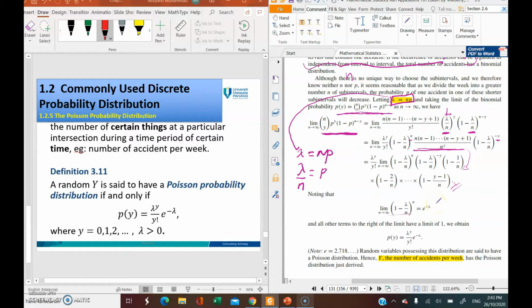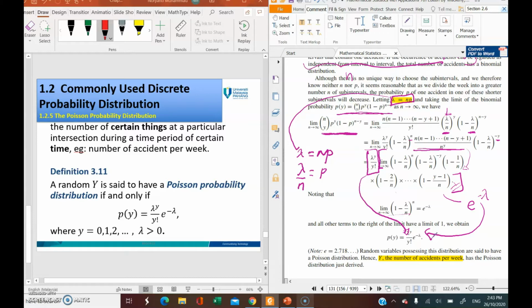So all of this from here to here is e to the negative lambda, so this will be put back here. That is why you get the probability of the Poisson distribution function.